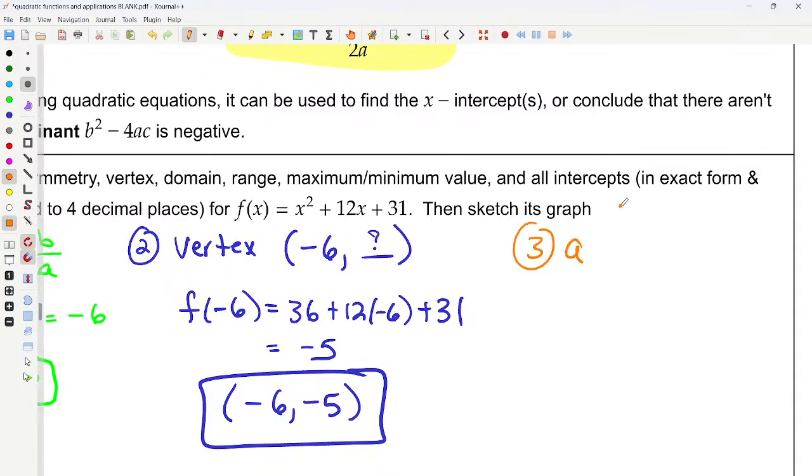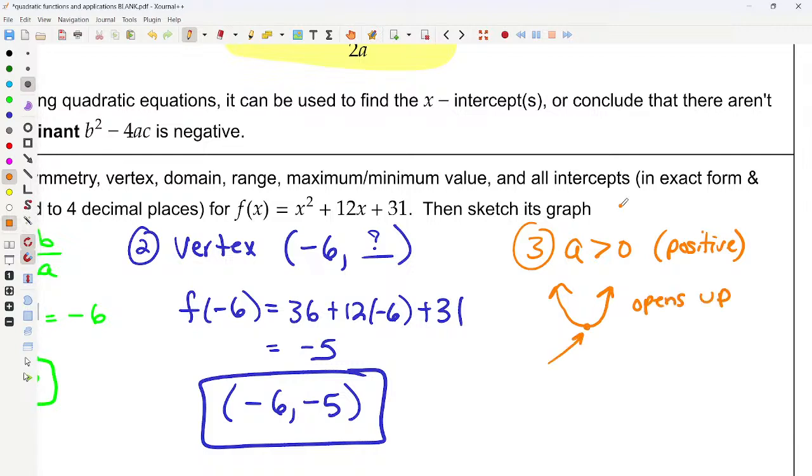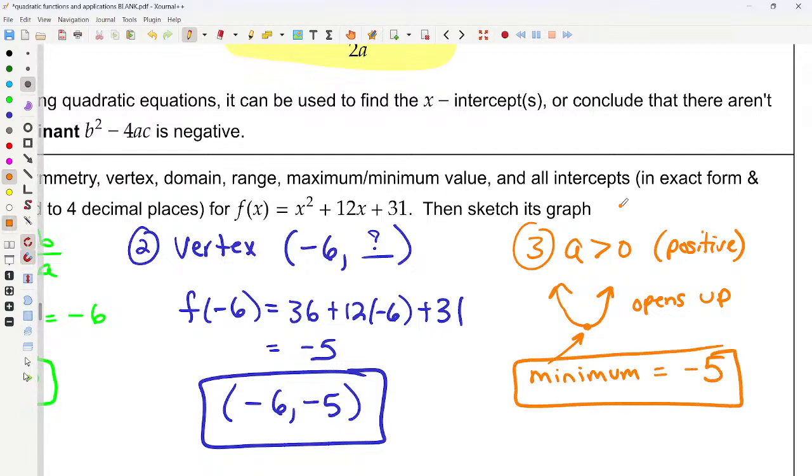A is greater than 0. It's another way of saying positive, which means our parabola opens up, which means minimum. That's going to be our smallest y value.